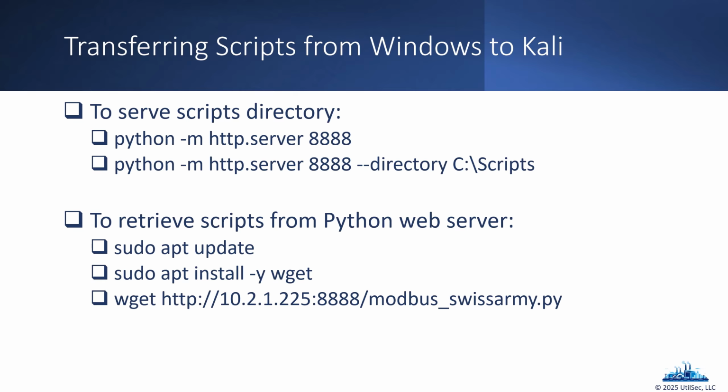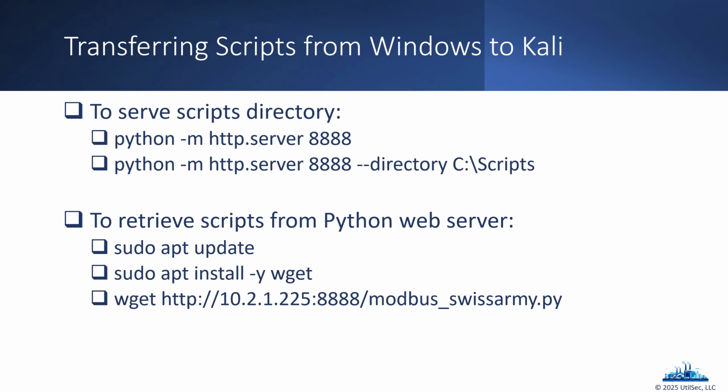Cool, right? So on your Windows machine, you're going to run this Python command to spin up a web server, and it's going to serve all of the files in your C:/scripts directory. And then from your Kali Linux machine, you're just going to connect to the web server and download the files. And you can use a browser to do that, or here, you can just use wget.